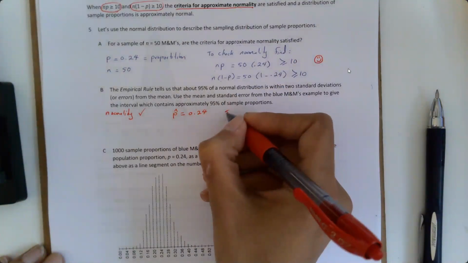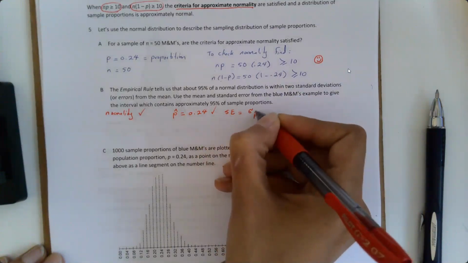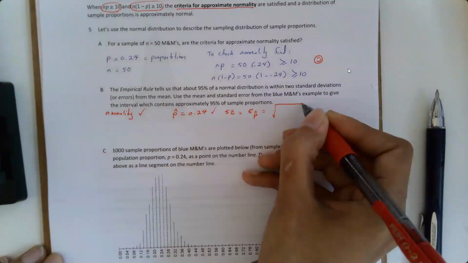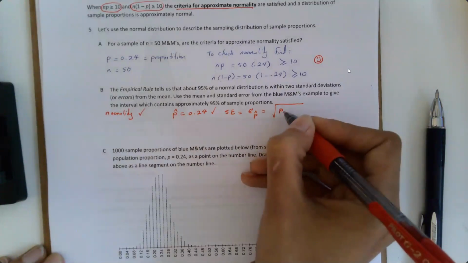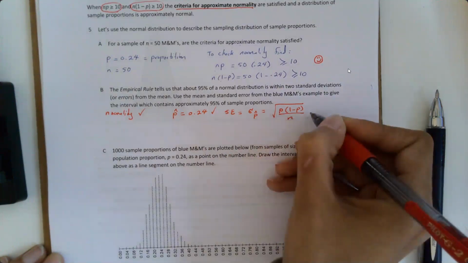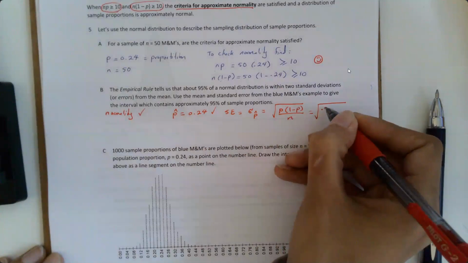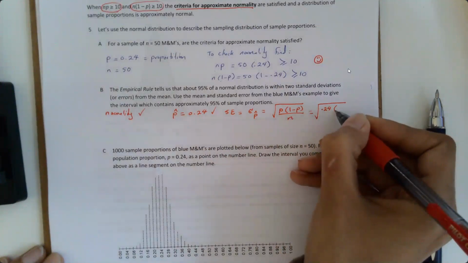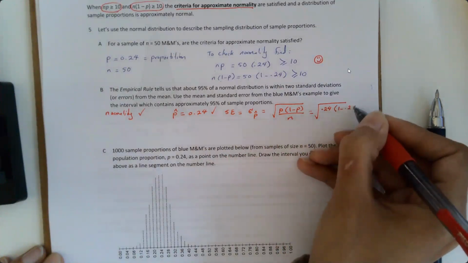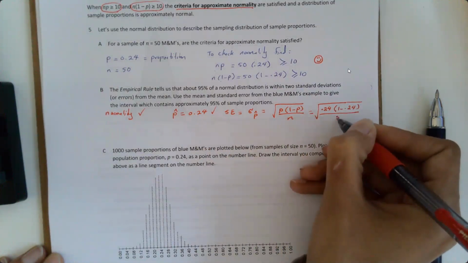Next step, we need to find the standard error, sigma sub P hat, which is equal to the square root of P times 1 minus P divided by N, which is equal to the square root of 0.24 times 1 minus 0.24, divided by N, which is 50.